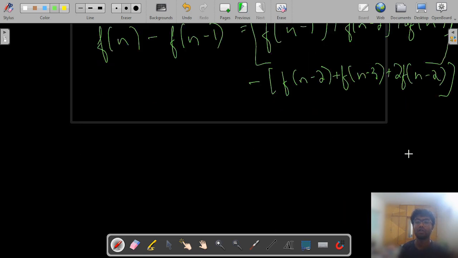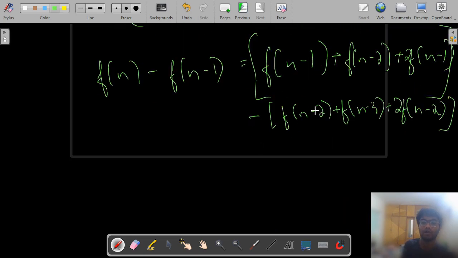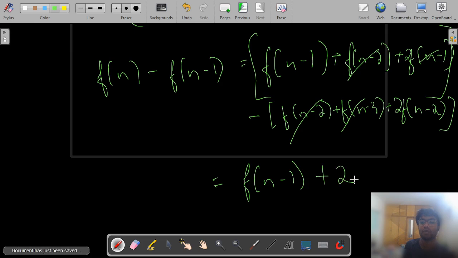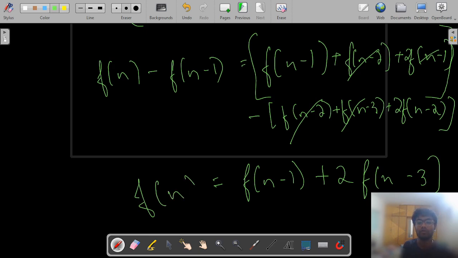And this comes to something like f of n minus 1 plus 2 times f of n minus 3, if we just come down to f of n. So this can be a final math formula, just a piece of math.